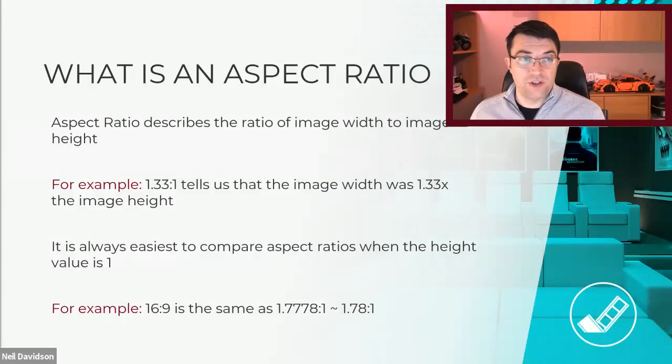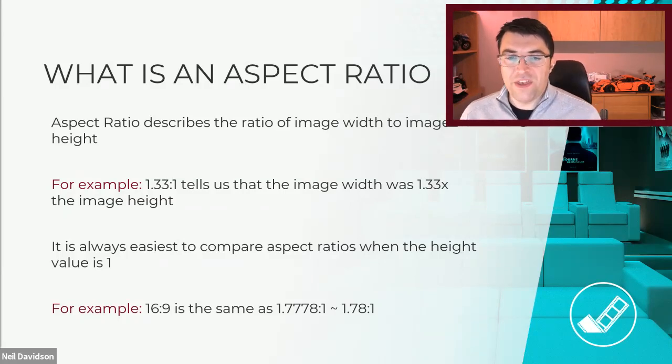That aspect ratio is 1.78. In fact, the overall slide also has an aspect of 1.78. All it's doing is just describing the shape, basically. Now, for example, 1.33 to 1 tells us that the image width was 1.33 times the image height.